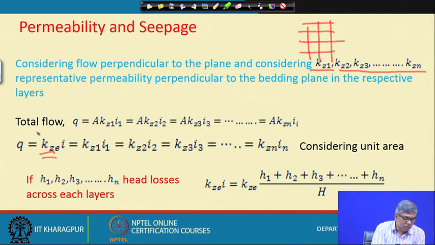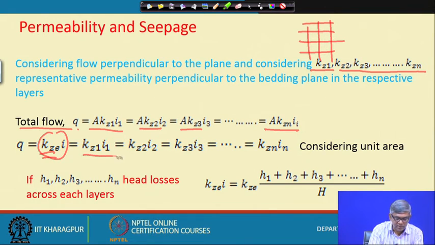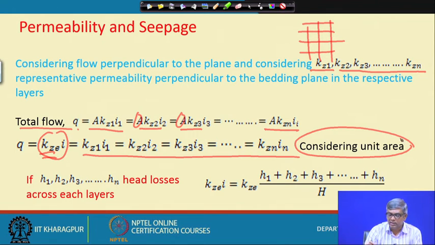So, the total flow Q will be A Kz1 times i, and these are all the same, because the continuity equation has to be satisfied. Here A is everywhere, and A can be removed because I am considering a unit area through which the flow is taking place.